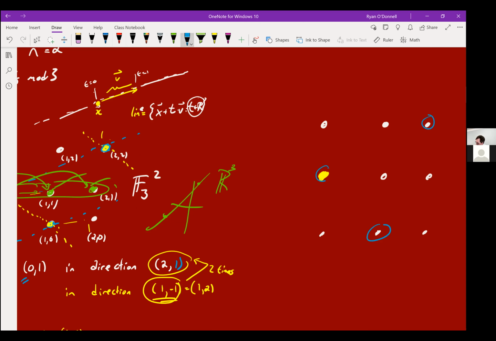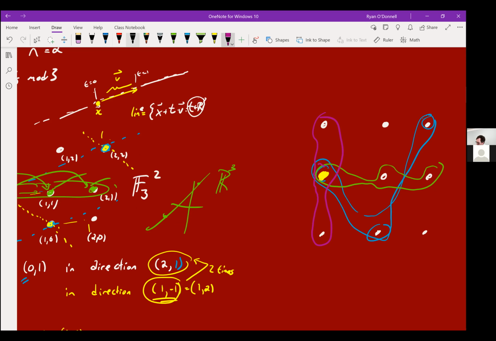So this bizarre thing was a line. And then we saw this line that had this point, and this point. That was a line. What other lines do we have? We have some vertical lines. Like this point, this point. That's a vertical line.